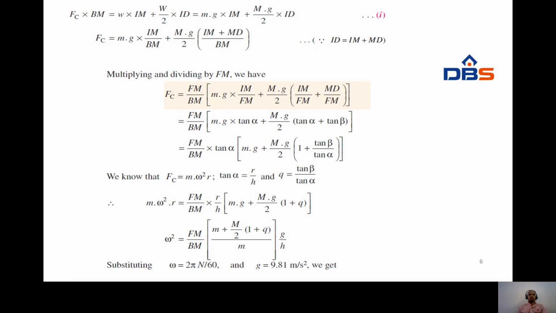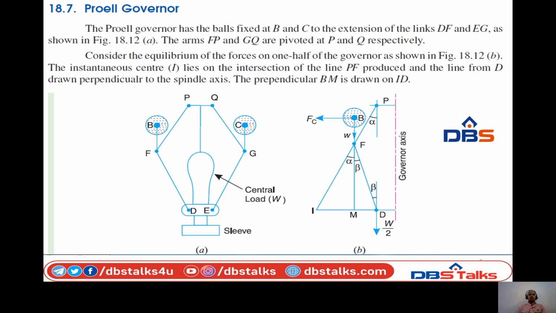Then IM by FM, in the diagram, is called tan alpha. In the diagram, there is one triangle IFM, and one more triangle MFD.